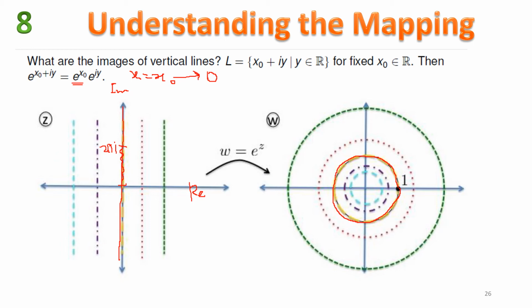Next we shall consider x equal to some value which is higher than 0. So let us consider that this is some higher value. Let me pick another color. So I am talking about this line. Now when I have a value higher than 0, the exponential will have a higher value.